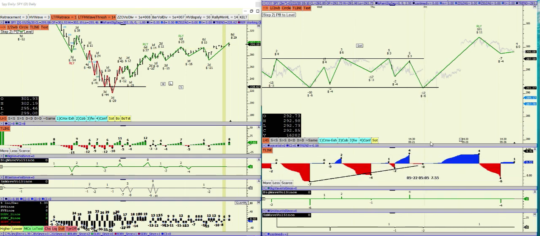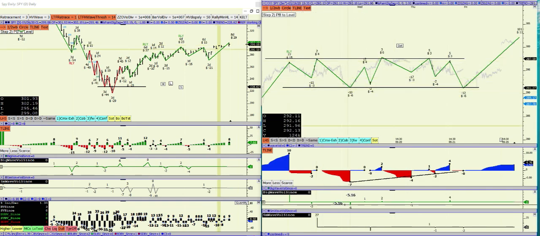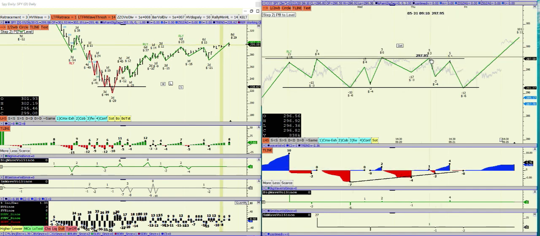Okay, so what do you think is going to happen? Obviously, it's going to go up. So that's what happened. The only thing that concerned me was this right here, the selling, and then over here, the one.